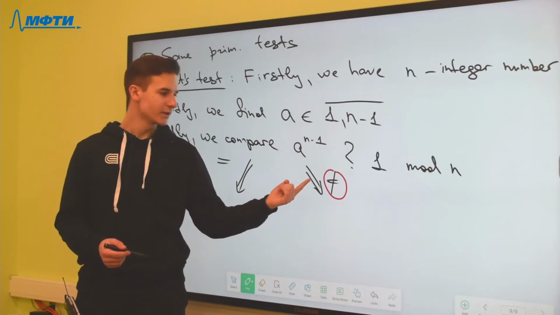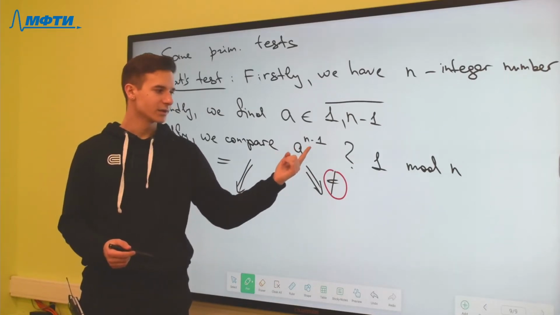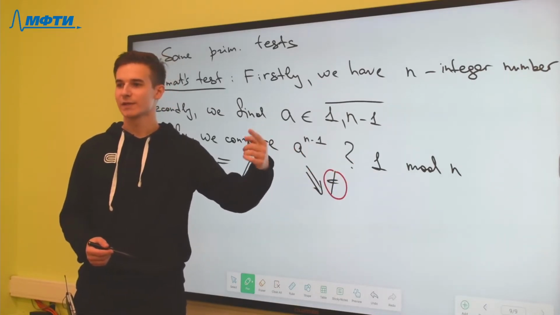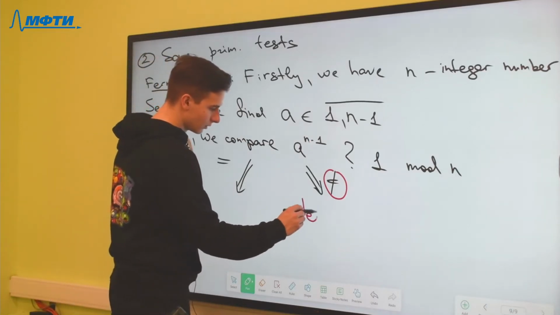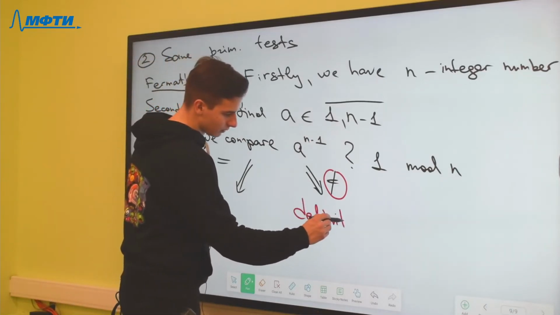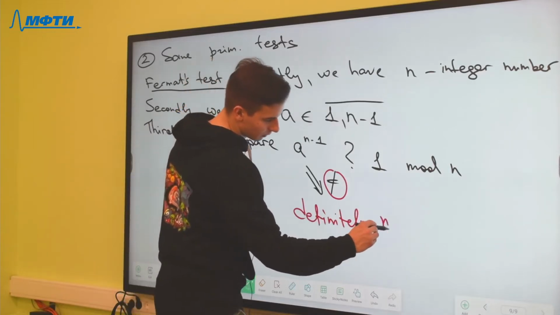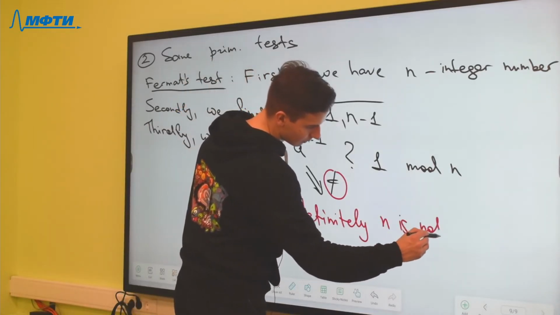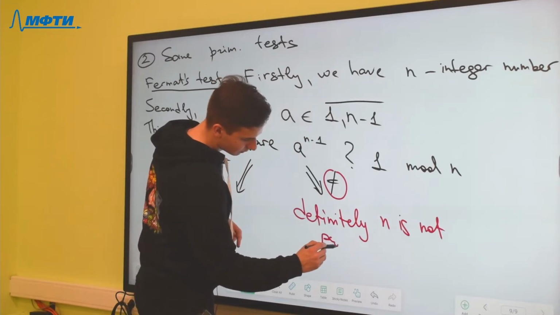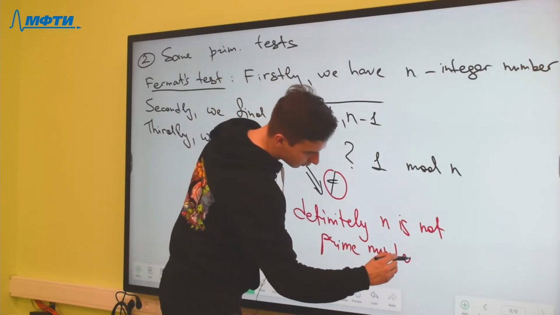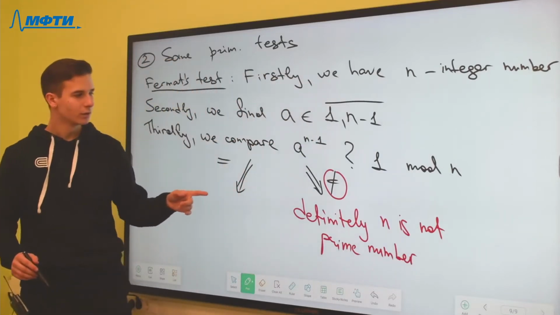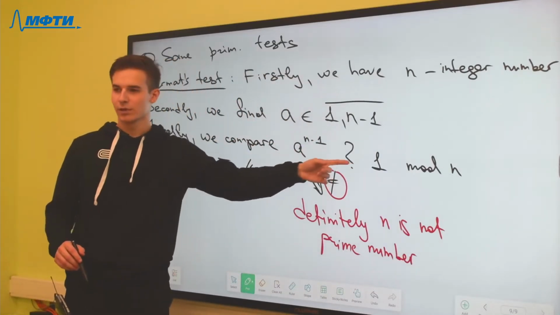And if we find such a that it is not equal, then we say that n is definitely not a prime number, because for every prime number we have the equation here.